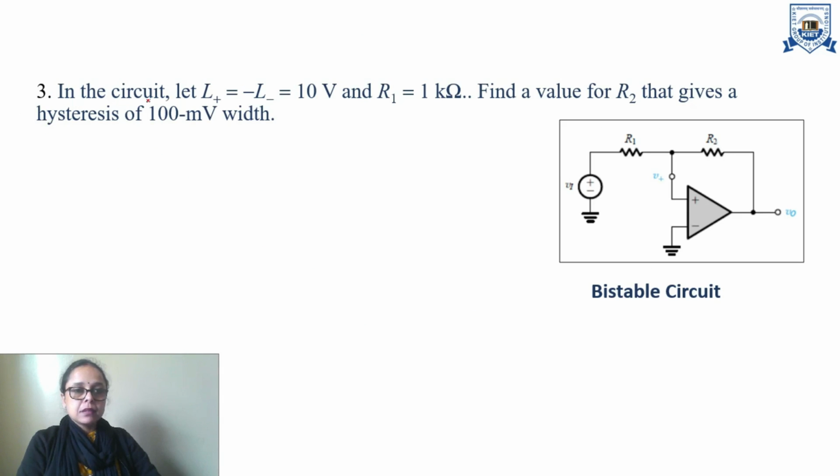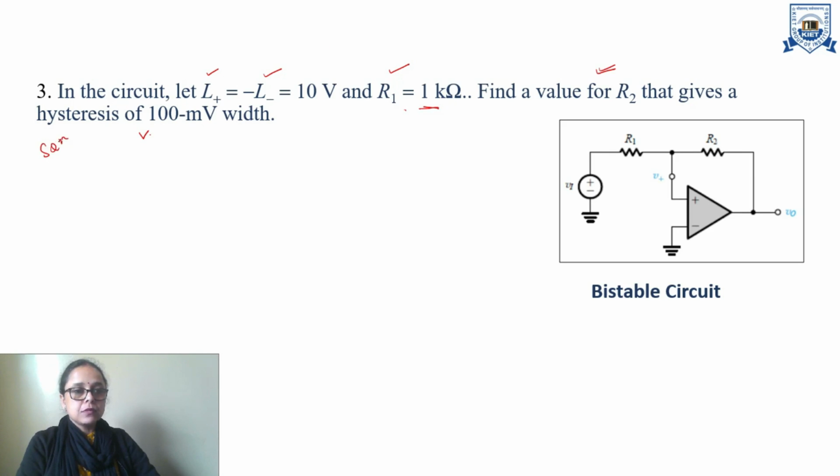Now in this circuit the upper threshold and lower threshold voltages are given, and the value of resistance R1 is given as 1 kilo ohm. To find the value of R2 we have to take these parameters into consideration.